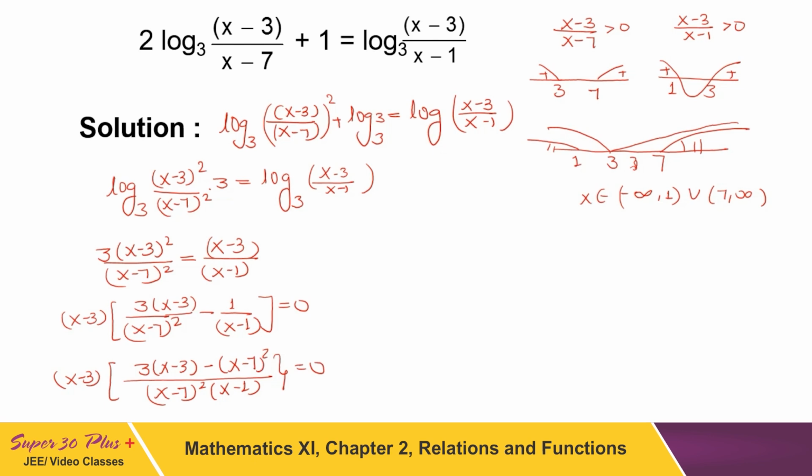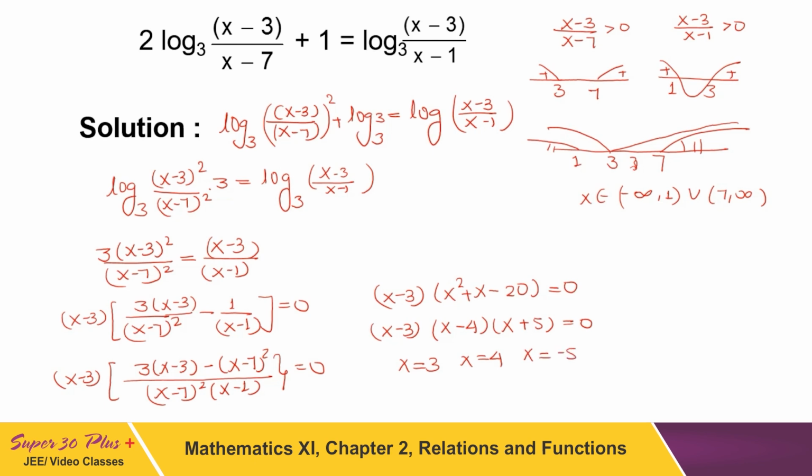After simplifying, you can obtain the factor (x minus 3) into (x square plus x minus 20) is equal to 0. Now factorize it. It is (x minus 3). Factor this quadratic and it will become (x minus 4)(x plus 5). Now your answer will be x is equal to 3, x is equal to 4, x is equal to minus 5.